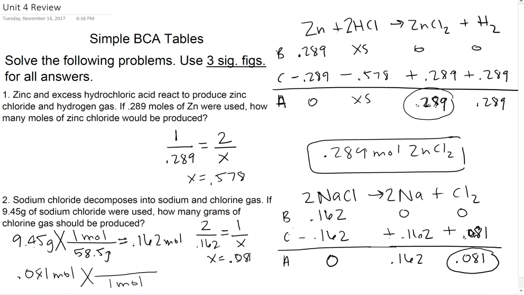To do that, we put 1 mole on the bottom and the molar mass of Cl2 on top, which is 71.0 grams, added up off the periodic table. And then when you do 0.081 times 71.0 divided by 1, you get 5.75 grams of Cl2 for your final answer.